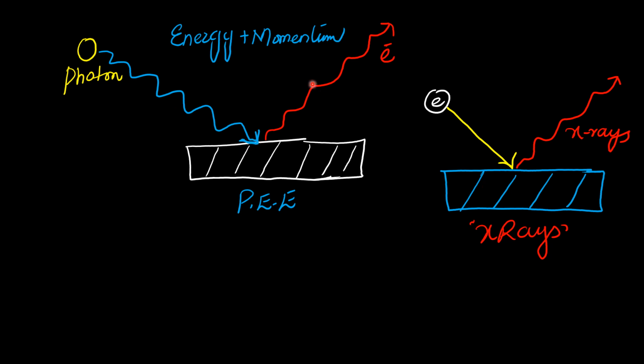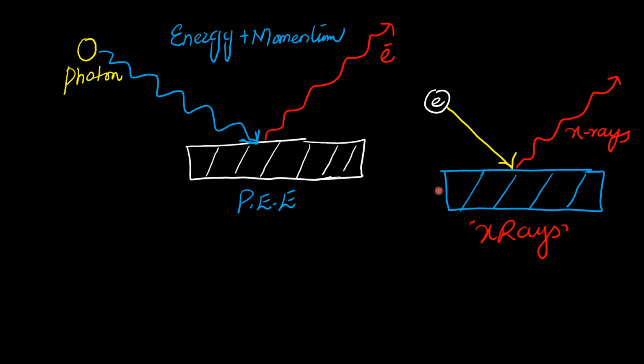In the photoelectric effect, a highly energetic photon is incident on the surface of a metal, which causes ejection of an electron from the surface of the metal. Whereas in X-ray production, highly energetic electrons are incident on the surface of a metal, and due to the high energy of the electron, they cause some kind of physical phenomenon.